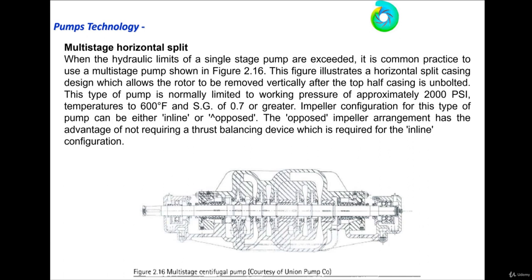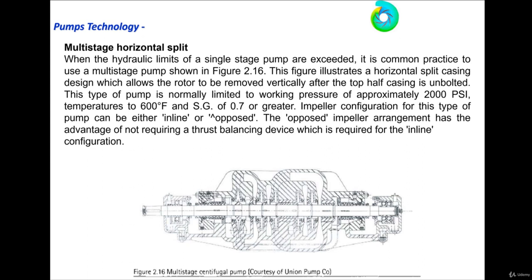This means if the service needs more than 2000 psi, if you are going to pressurize the liquid with a pressure more than this, we cannot use this pump, we cannot specify and order this pump.